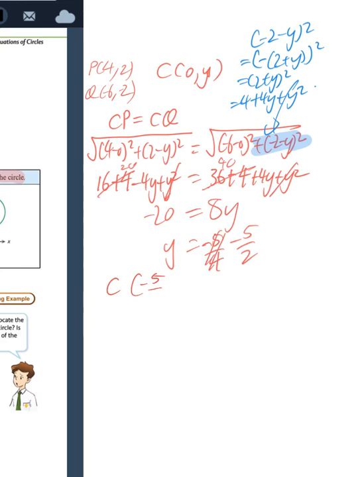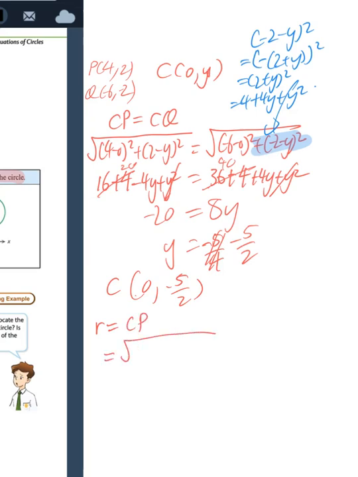The center should be (0, -5/2). Now what we need to find is the radius of the circle. You may choose either CP or CQ. In this case, I may choose the radius to be CP.